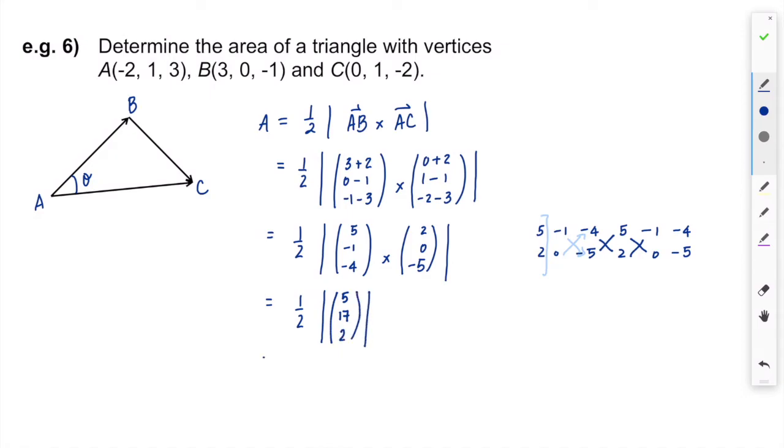I need the magnitude of this vector, so 25 plus 289, I think, plus 4. Okay. And this works out to roughly 8.92 square units if I round it to 3 significant figures.